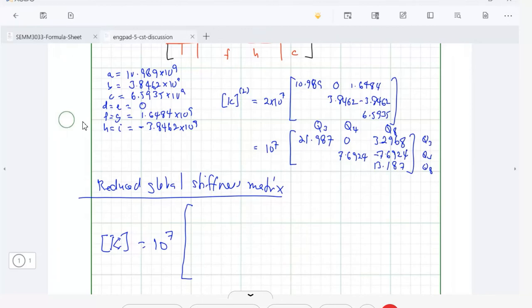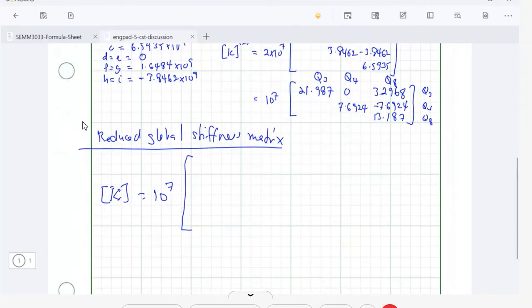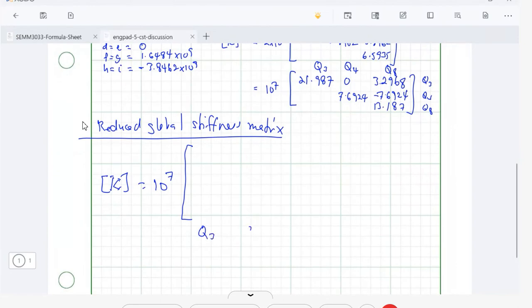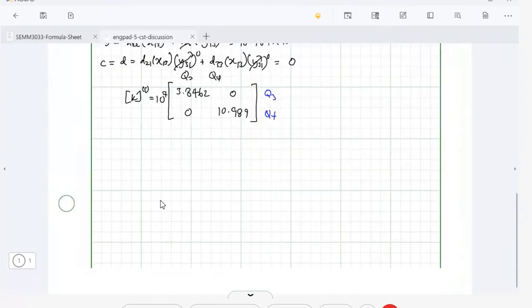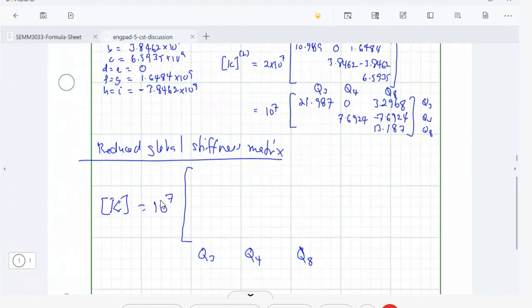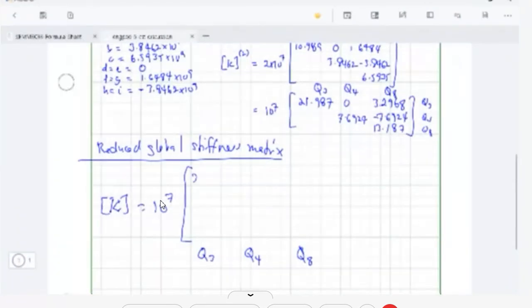So what we have here is Q3, Q4, and Q8. We need to assemble this. Q3, we have Q3 and Q3, so this overlaps 3.84 and 21.984. So that becomes 25.824.